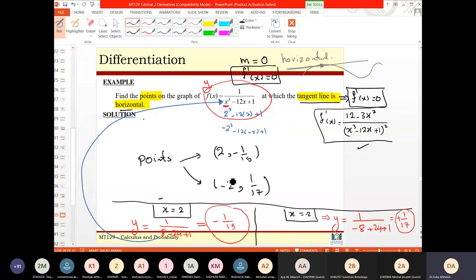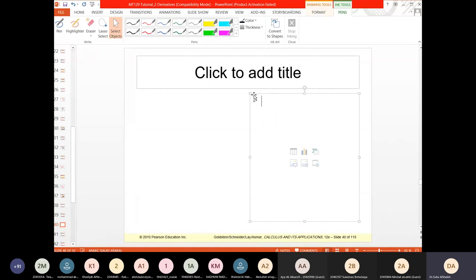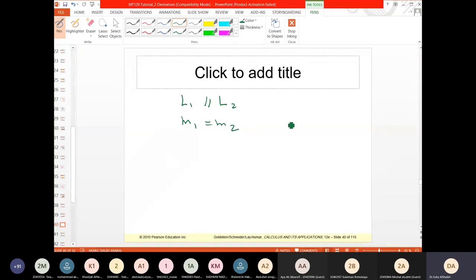Good question, Tala. If they said the tangent line is parallel to another line, if 2 lines are parallel, if you remember, we say if I have line 1 and it's parallel to line 2, it means they have the same slope. Right? What was the slope in the question? I don't recall the questions in the TMA.